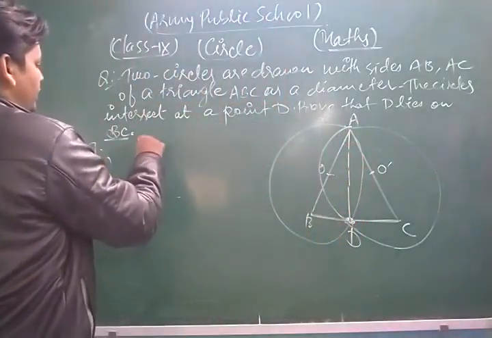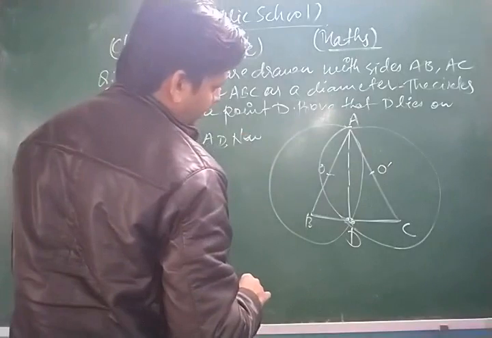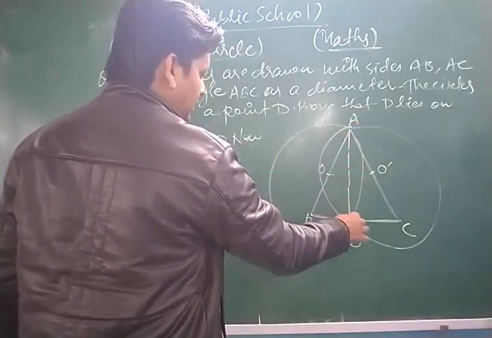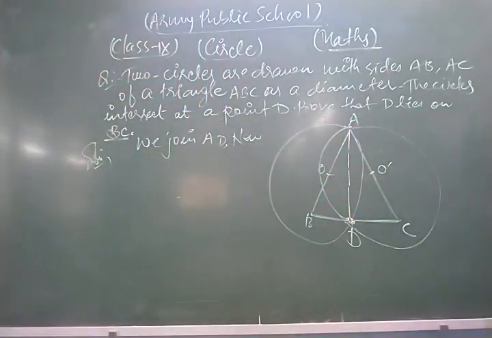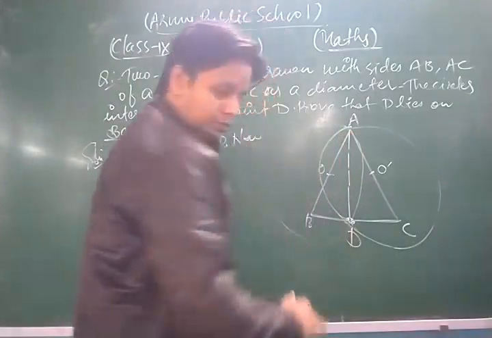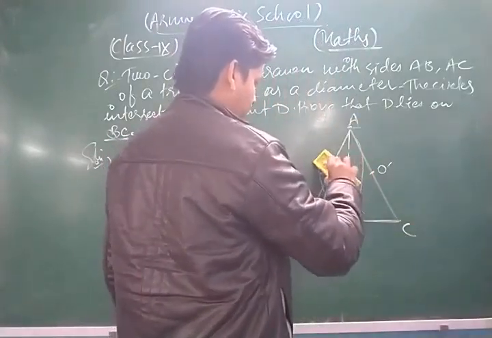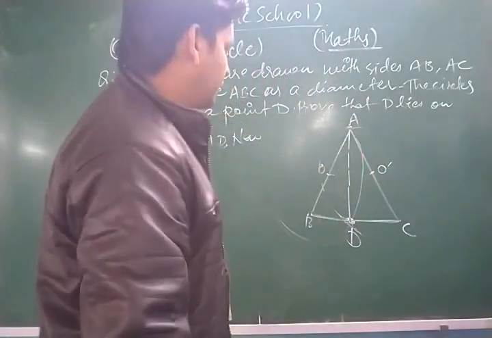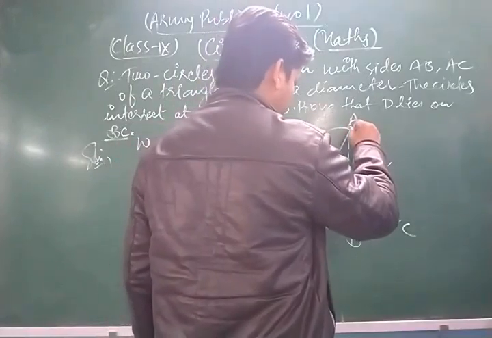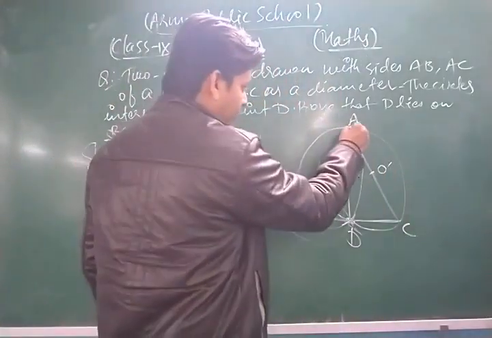Now this is the diameter of the circle, AB as a diameter, so we can draw the circle in this way. Look, this is the diameter. So we just join them.